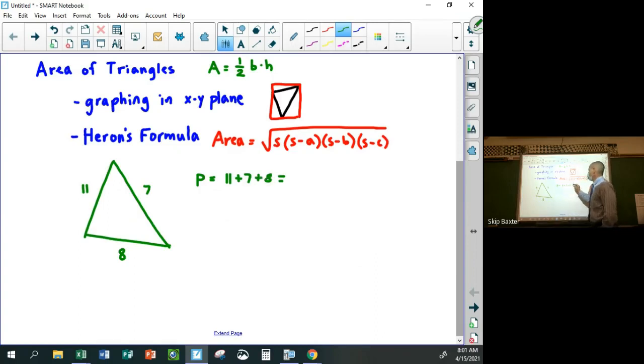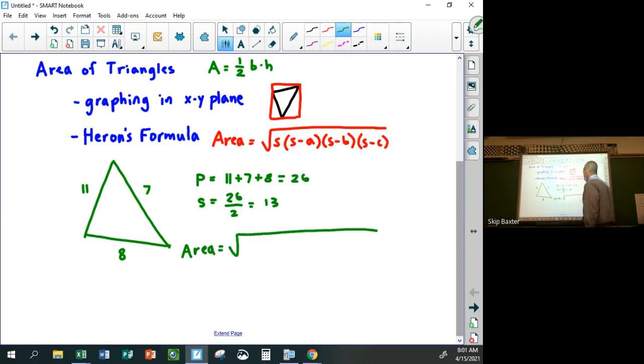So this would be 18 plus 8 is 26. And so the semi-perimeter is 26 divided by 2, 13. So then the area of this triangle would be the square root of 13 times 13 minus 11 times 13 minus 7 times 13 minus 8. And that's all there is to it.